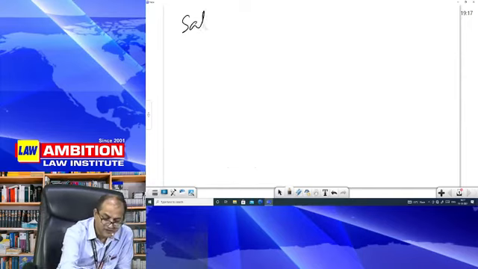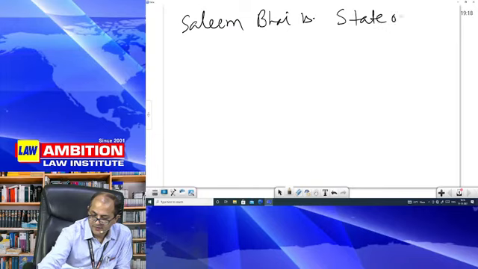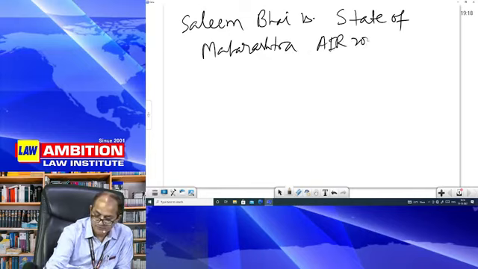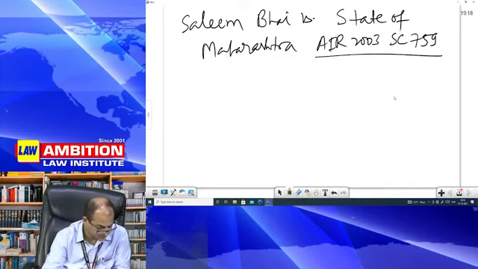The answer is Salim Bhai, quoted in your Bare Act, Salim Bhai versus State of Maharashtra, AIR 2003 Supreme Court 759. It was held that Order 7 Rule 11, that the relevant facts which need to be looked into for deciding an application are the averments in the plaint.